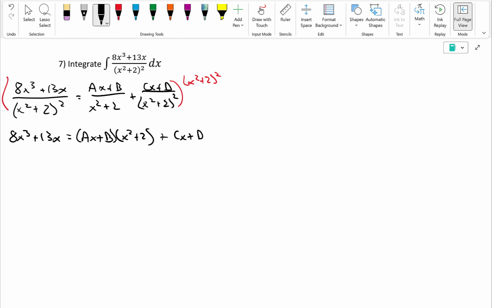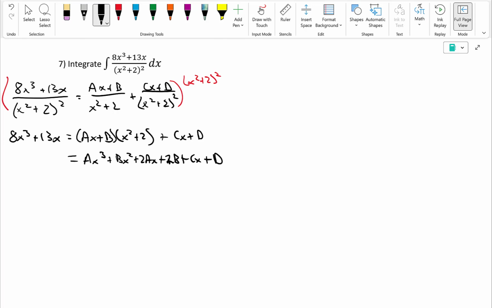All right, and so you could maybe plug some stuff in here to find some zeros, but we'd have to pick some values for x. There aren't any nice convenient zeros, so we can do the equating coefficients part. If we multiply out that right side, we get ax^3 + bx^2 + 2ax + 2b + cx + d.